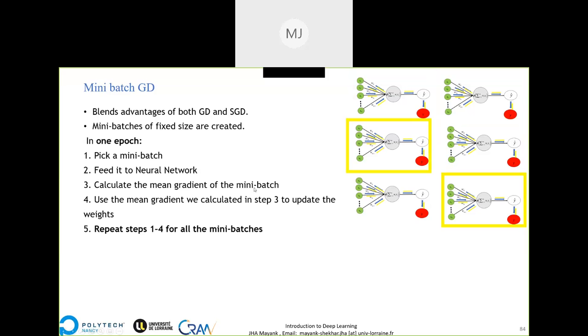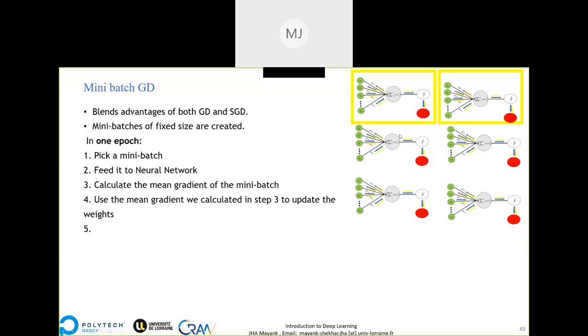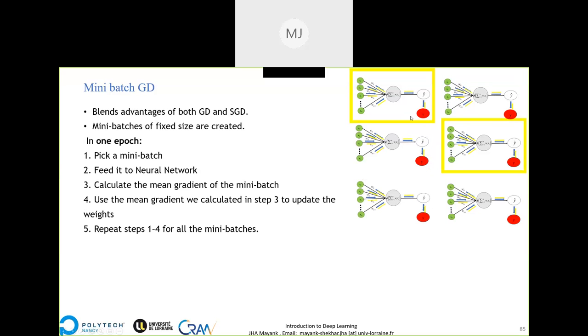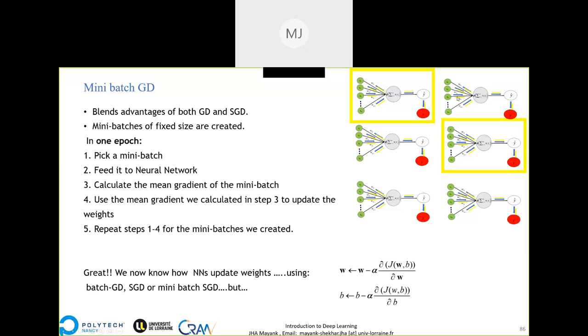So basically, you take into account this mini batch, then this mini batch, then this particular mini batch, and you permute and go through all the data at least once. When you have gone through all the data at least once, you say that you have completed one epoch of learning. So that's your one epoch of learning right there.